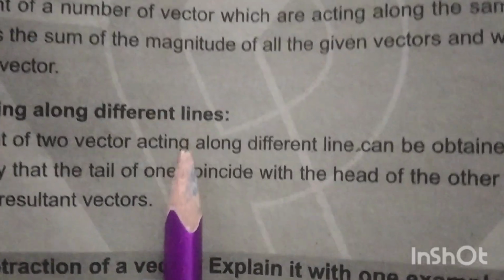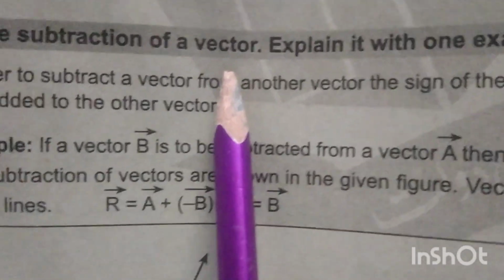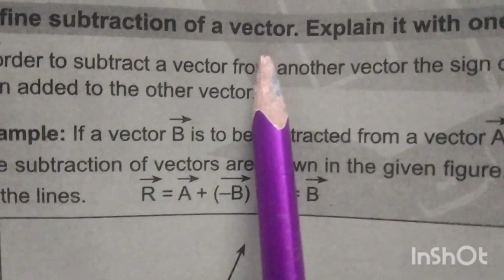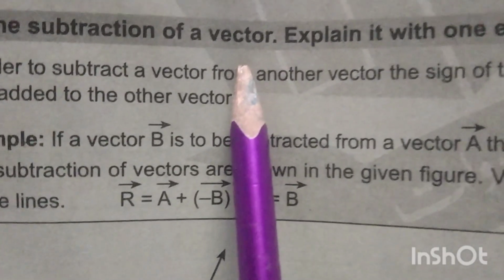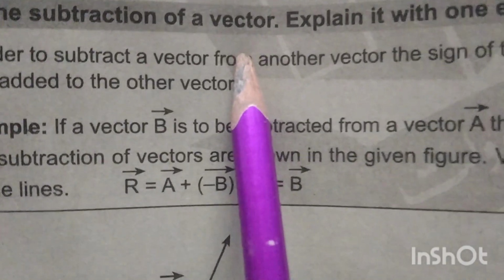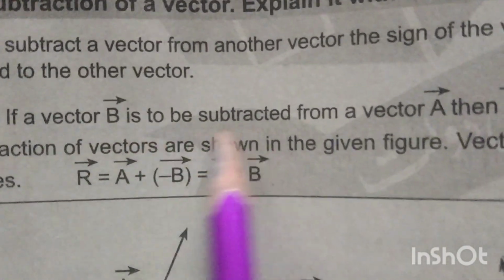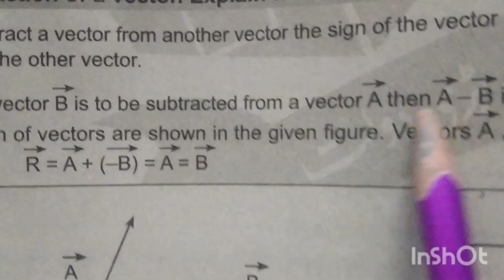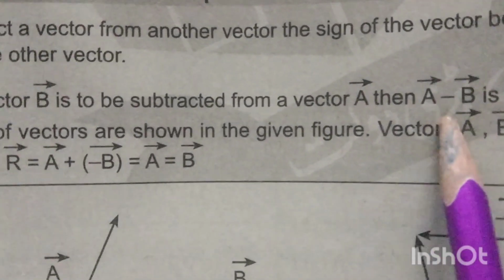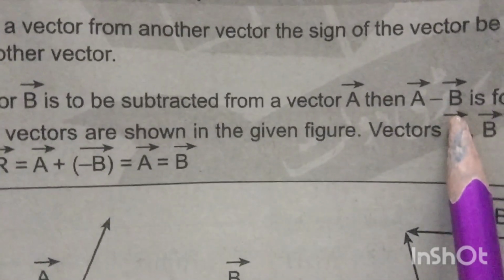Now what about subtraction of vectors? Subtraction of vectors is simpler and important. How can subtraction of vectors be done? If a vector B is subtracted from a vector A, you write it like this: A minus B. But B minus A cannot be found the same way; they have a difference.